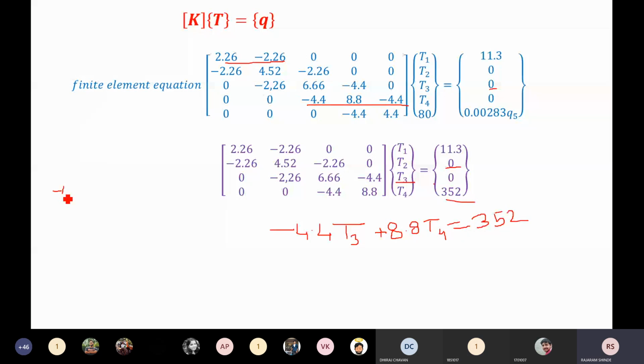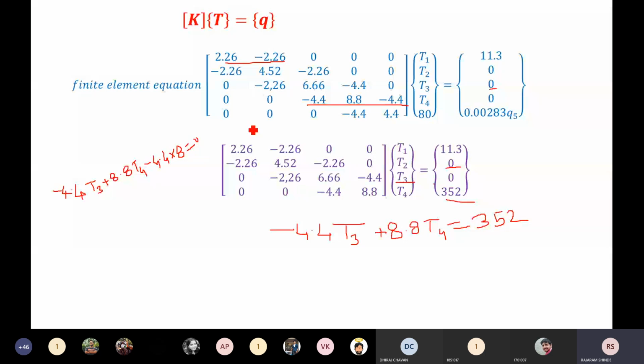Here minus 4.4 T3. Okay, I am taking fourth equation plus 8.8 T4, minus 4.4 into 80 is equal to 0.